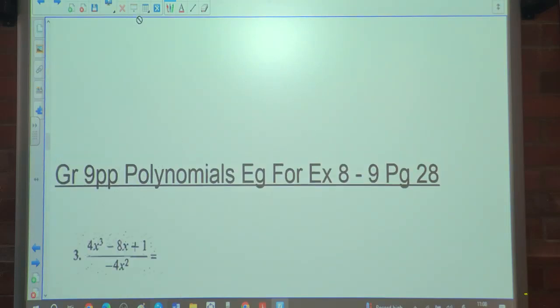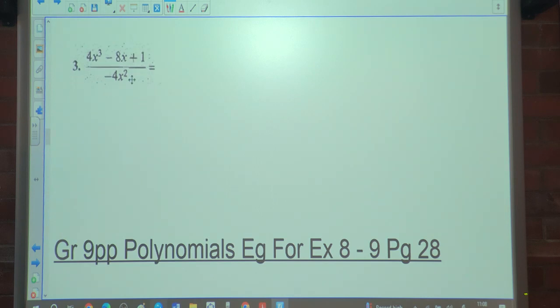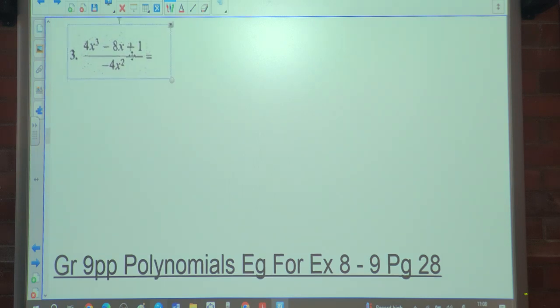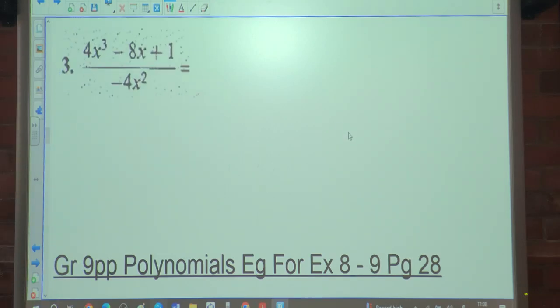People, number 3. Let's spice up your life a bit. You've got 4x cubed minus 8x plus 1, and that's all over negative 4x squared. Okay, here we go.